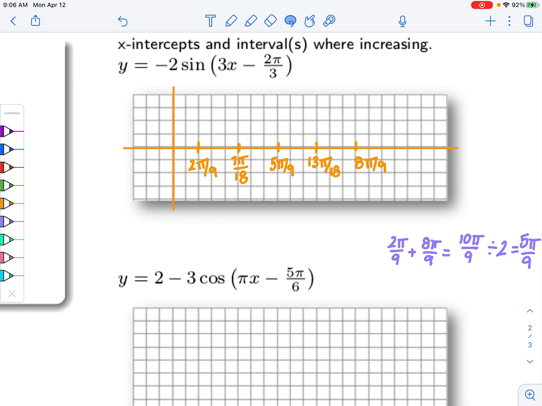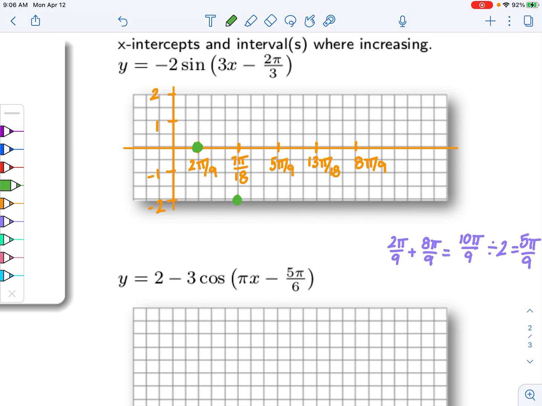Now we're going to look at the fact that it's a sine function. Amplitude is 2. So maybe I'll go, this is +1, +2, -1, -2, just scaling so that we can see the picture. Now this is a sine function. So sine starts first value at 0. Amplitude is 2, but it's a negative direction.